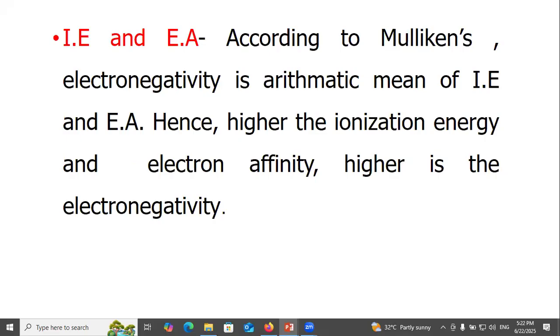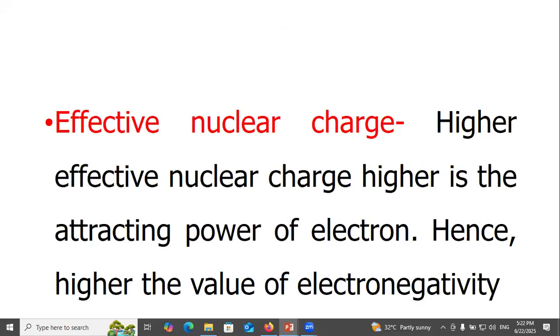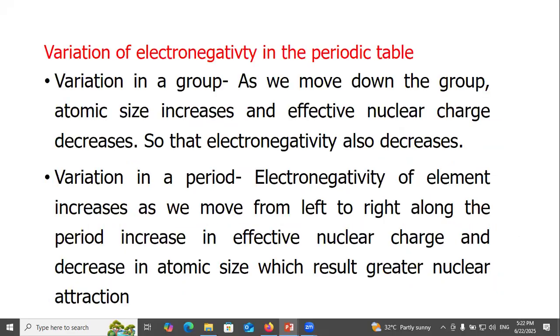Ionization energy and electron affinity: according to Mulliken, electronegativity is the arithmetic mean of ionization energy and electron affinity. Hence, the higher the ionization energy and electron affinity, the higher the electronegativity. Effective nuclear charge: the higher the effective nuclear charge, the higher the attractive power for the electron, hence the higher the electronegativity.